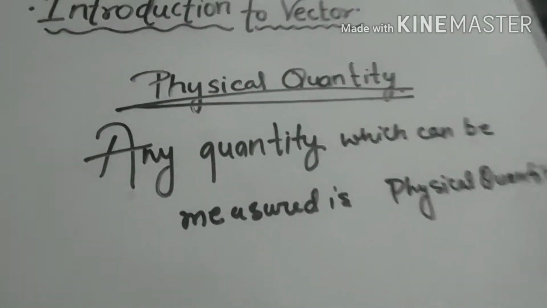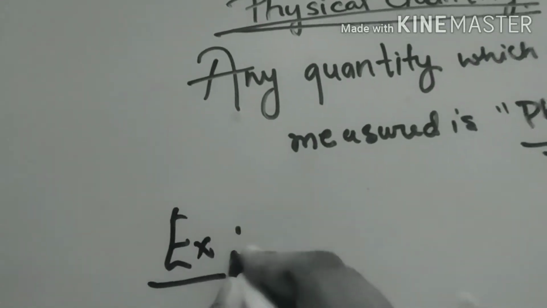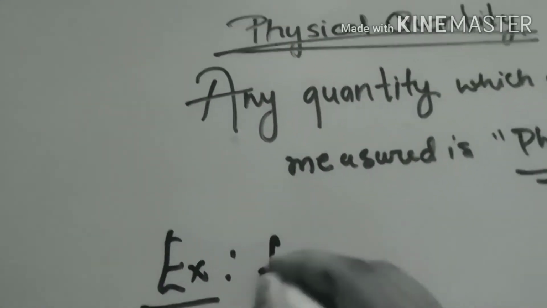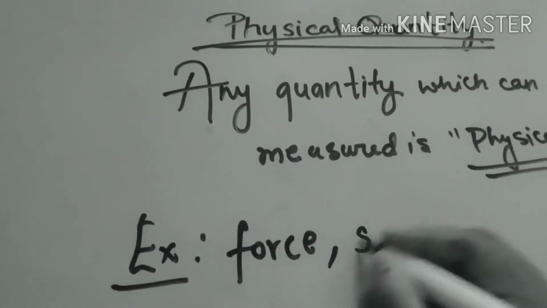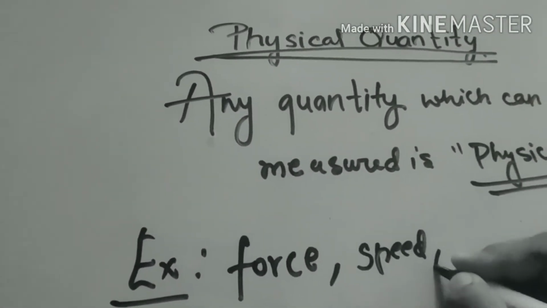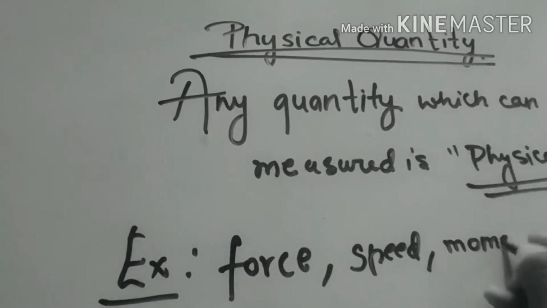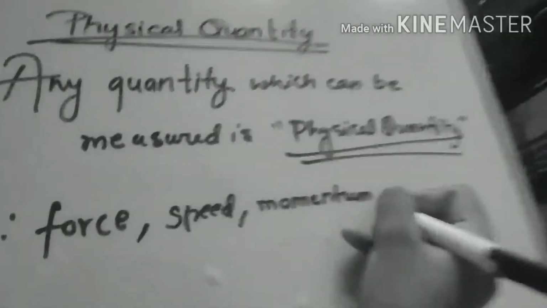Okay, so what are the physical quantities? Let us take some examples. Like we can calculate or measure force, we can measure the speed, we can measure momentum, we can measure mass, we can measure weight.